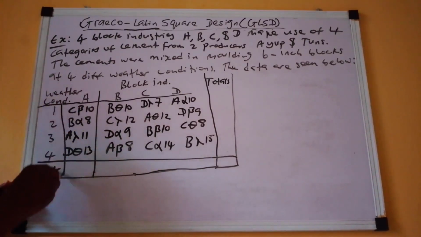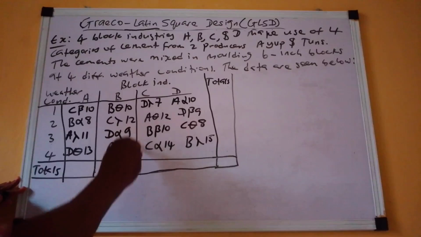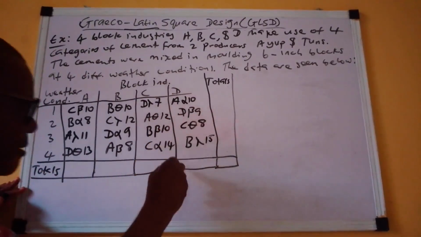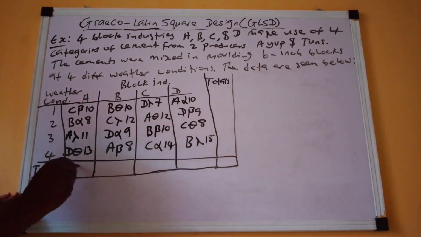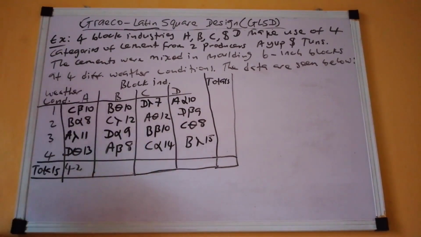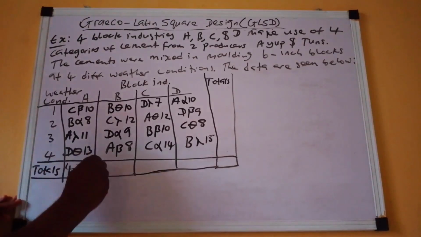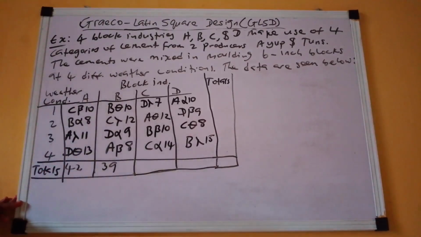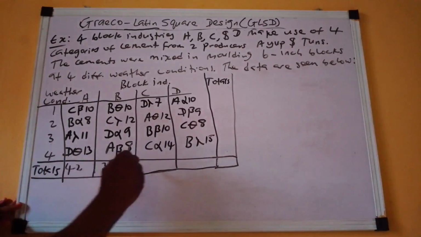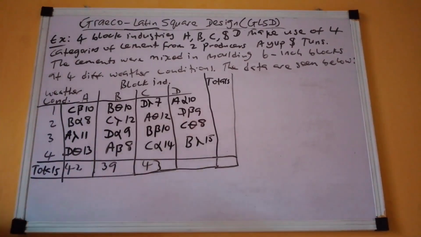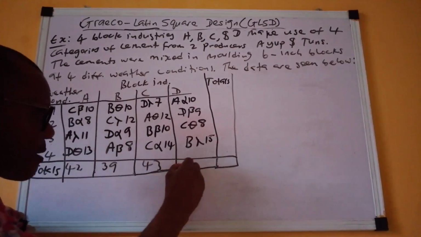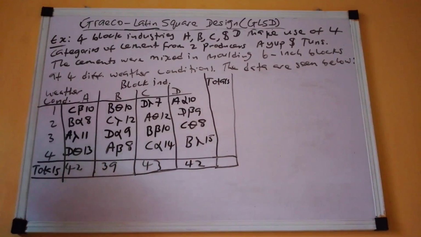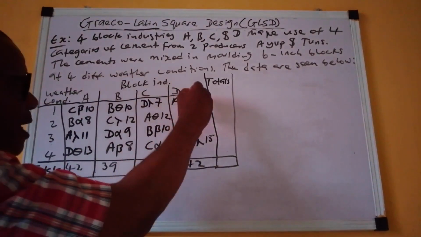You can also have this one here like this, for easy differentiation. Now this will be 42. You add this, 10 plus 8 plus 11 plus 13. Then the next one is 39. Then the next one is 43. Then the next one is 42.